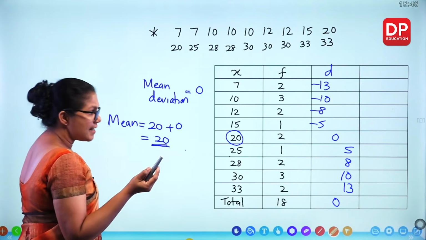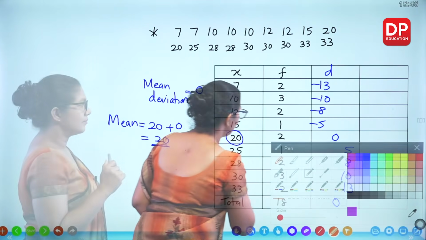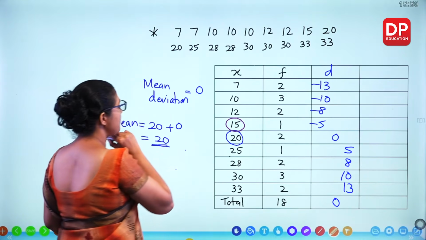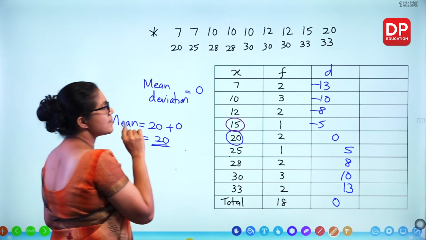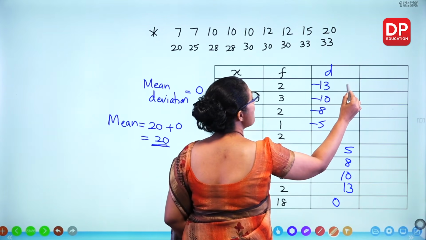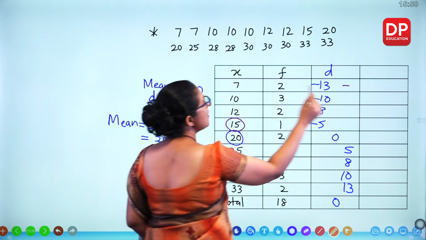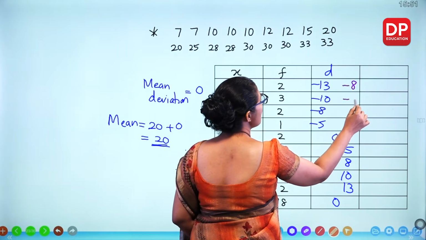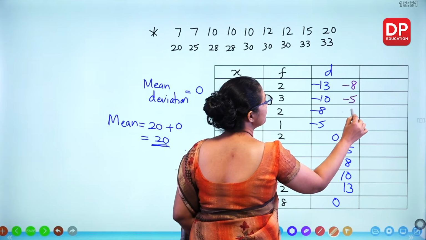If we take another number, I want to show with another number. Now we'll take 15 as the assumed mean. If we take 15, what's the difference? Deviation. With 15 and 7, you get minus 8. 15 and 10, minus 5. 15 and 12, minus 3.